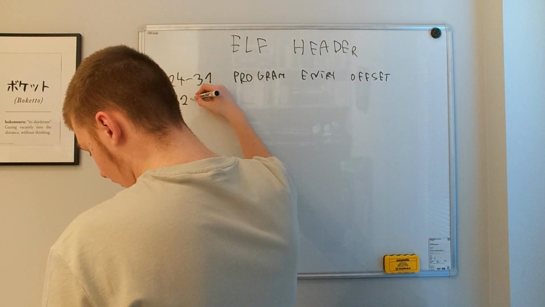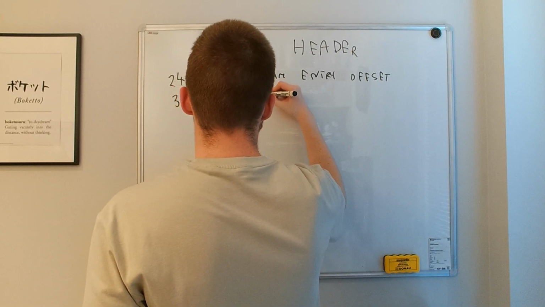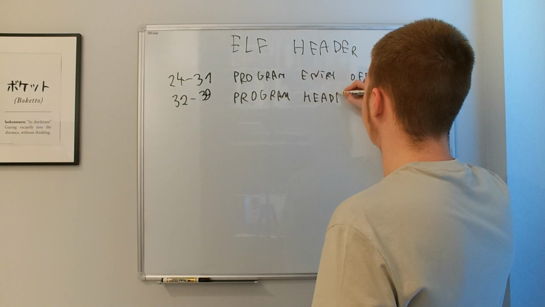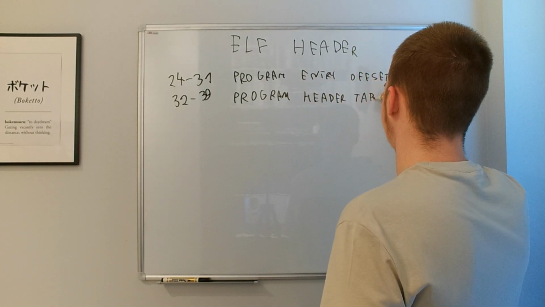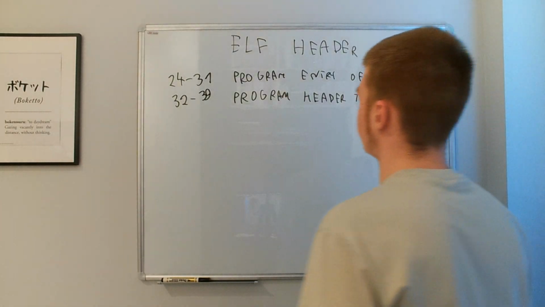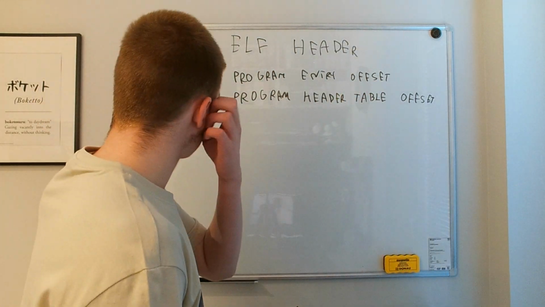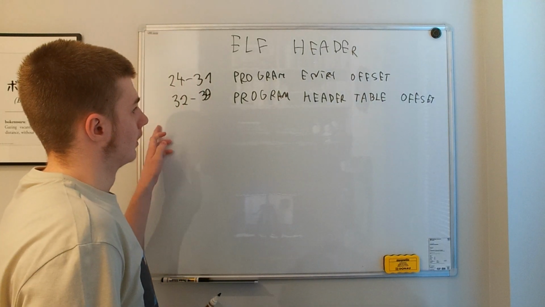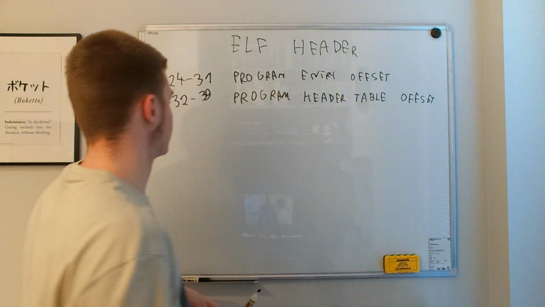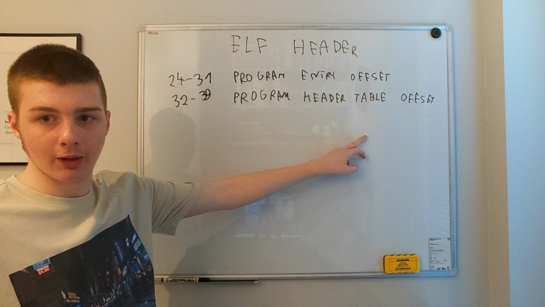Then 32 to 39 is also an offset. It's the program header table, or PHT, offset. So obviously we will want to read from the program header table, and in order to do so, we have to know where it is, because we'll take a look at the program header table.